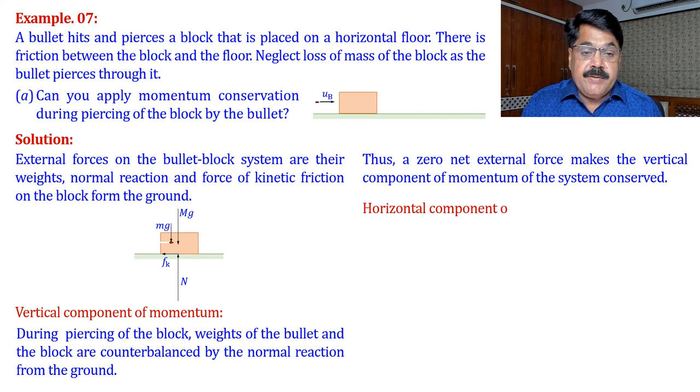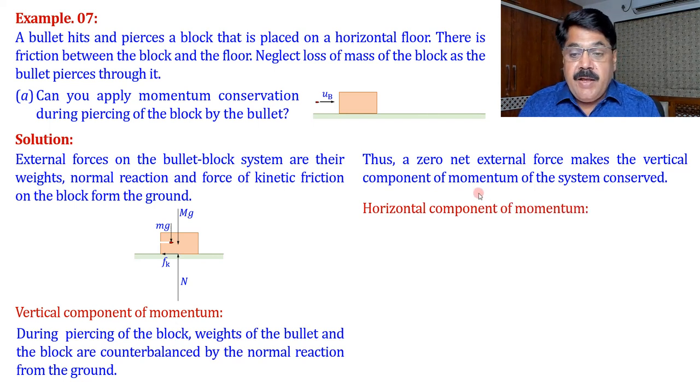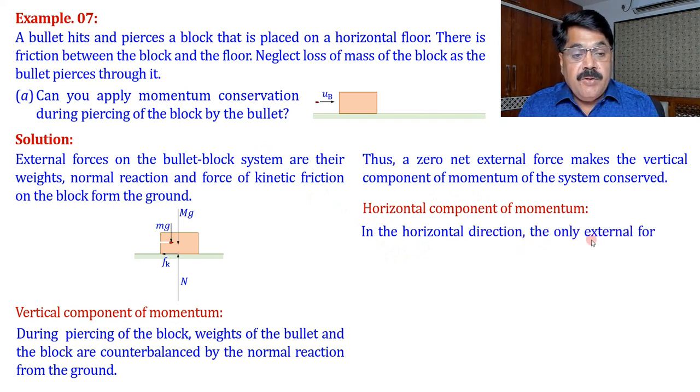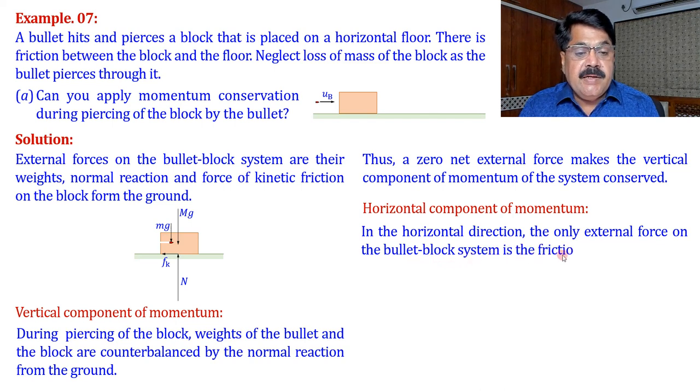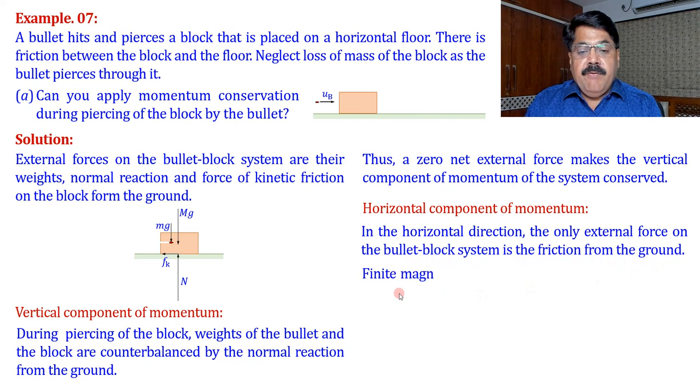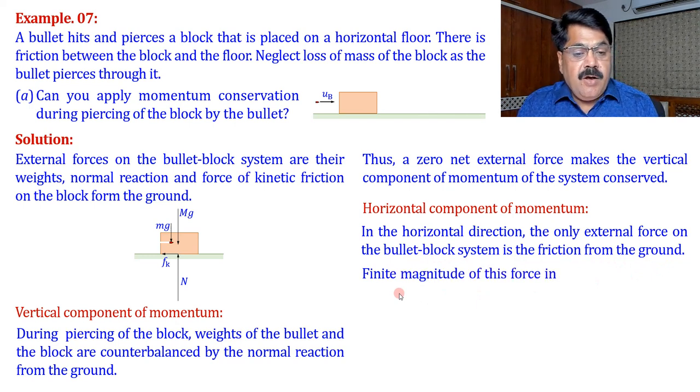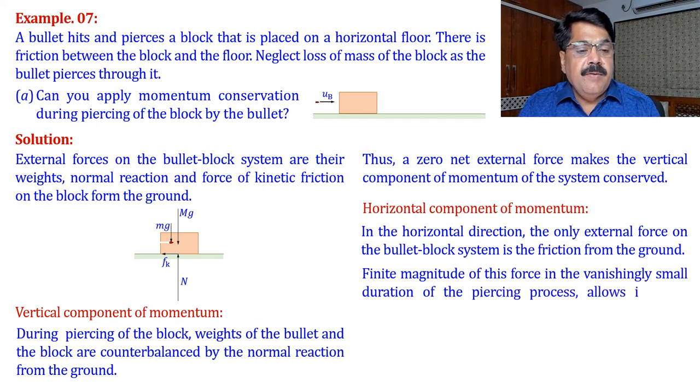Horizontal component of momentum, and that is a very important idea. Again, I have explained it to you earlier. Let us see. In the horizontal direction, the only external force on the bullet block system is the frictional force from the ground. Finite magnitude of this force in the vanishingly small duration of the piercing process allows it to be considered as a non-impulsive force.